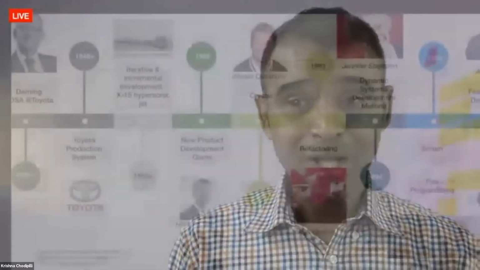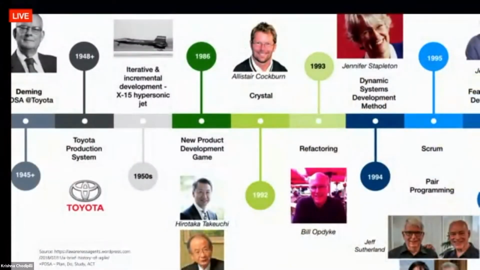Okay, that's 1995. You heard about Scrum and pair programming. And let's look at 1997, when Jeff De Luca talked about feature-driven development. It's one of those beautiful concepts.